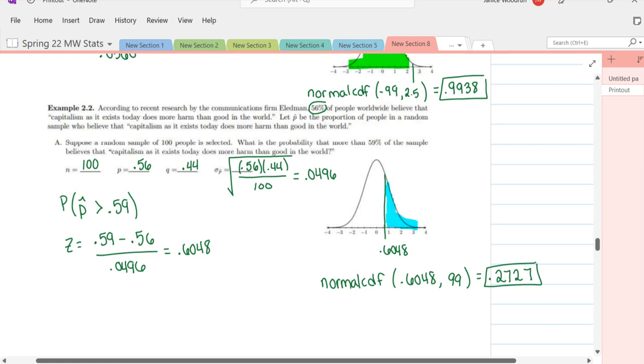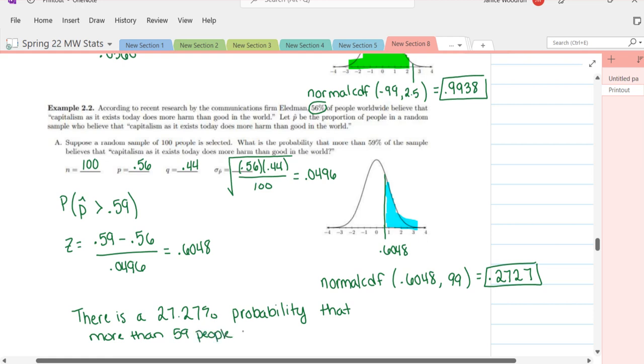Okay, so the probability that more than 59% of a sample of 100, so 59 people, there is a 27.27% probability that more than 59 people in this sample believe the statement.